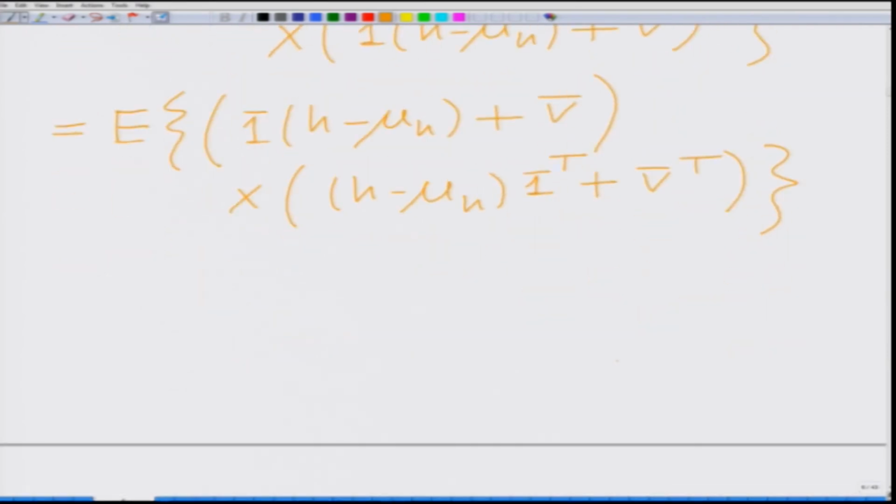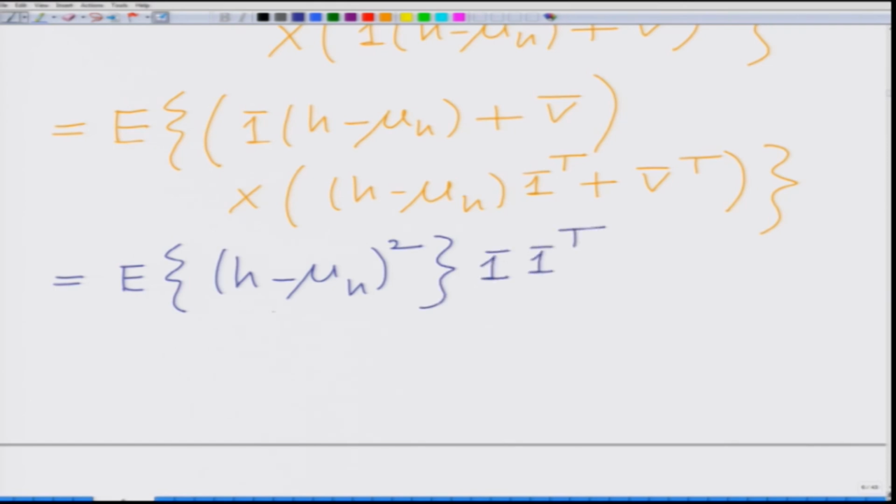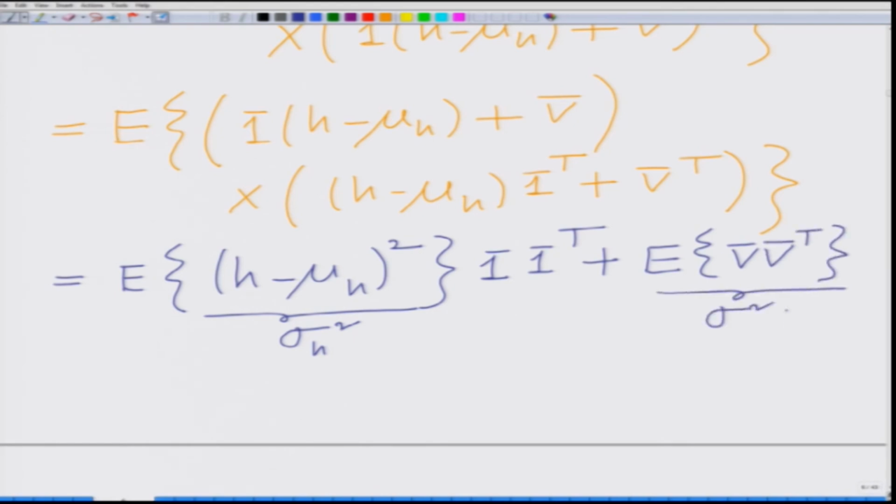Now, if you multiply it term by term, let us look at the first term: the expected value of h minus mu h squared times 1 bar 1 bar transpose. Of course, we know this is sigma h squared. If you take the last two terms, then you have the expected value of v bar v bar transpose. This we know is sigma squared identity.